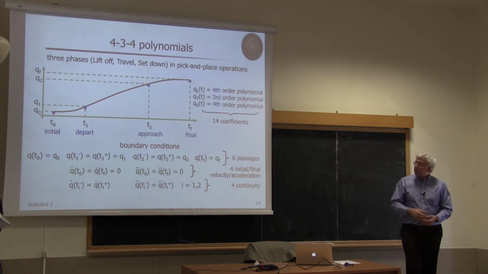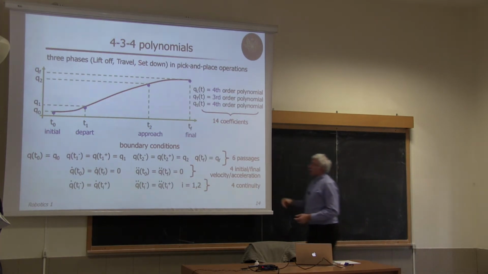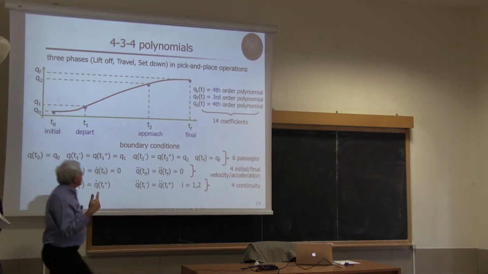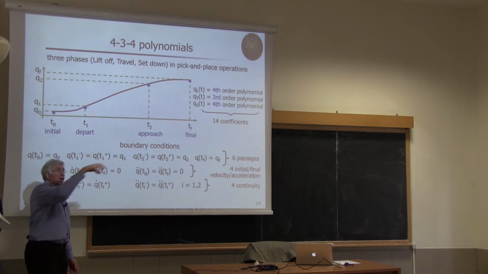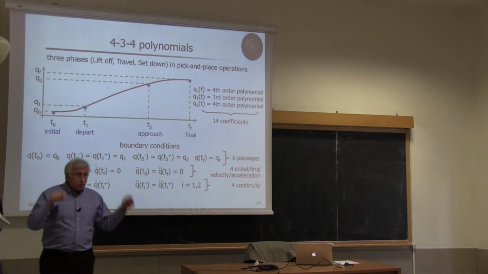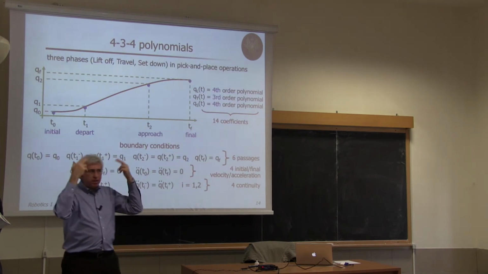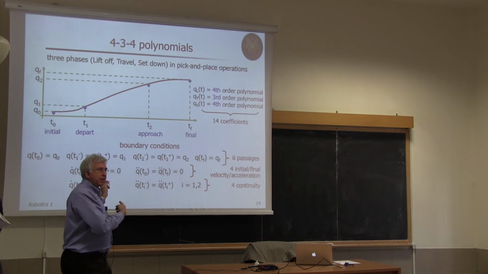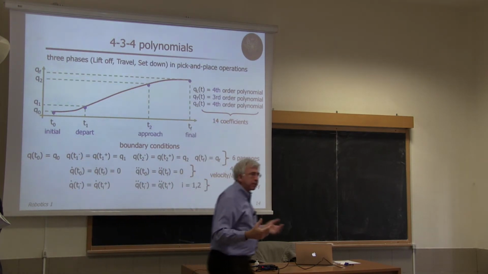Okay? So this total motion, and if you think of this pick and place operation, you can understand also the terminology, has three phases: a lift-off phase, a travel phase, and a set-down phase. Okay? Why are we adding these two intermediate points? You can imagine it very clearly in the Cartesian space, although this planning is made in the joint space. You see that things get mixed sometimes.